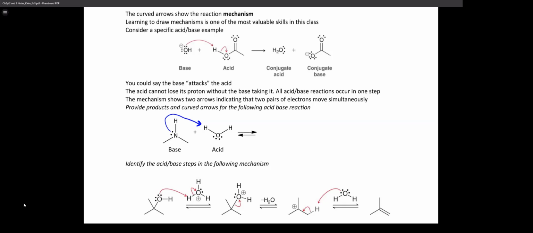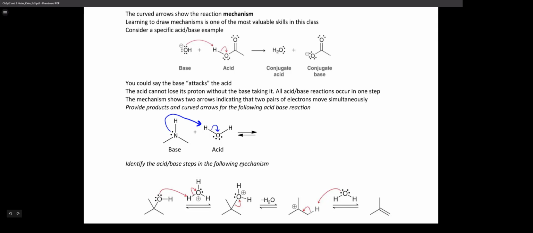And then hydrogen has to let go of these 2 electrons. We call that heterolytic cleavage. I talked about that in chapter 2. That means the electrons all go to the oxygen. Hydrogen gets none. Hydrogen is losing those 2 electrons in exchange for gaining a bond to the nitrogen.